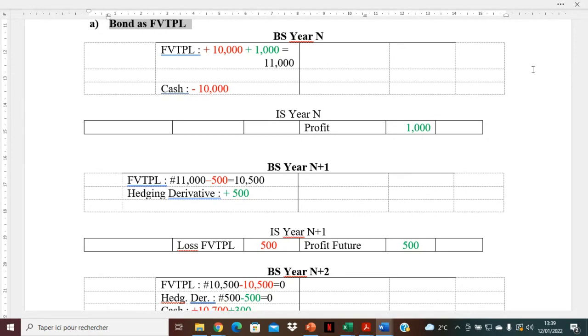Why not? Because if I don't officially hedge my position, but I just buy the bonds and a derivative without putting them in a hedging relationship, the outcome would be the same, because the bonds are at fair value through profit and loss, and the derivatives are also always fair value through profit and loss. So my income statement would be protected automatically without using hedge accounting.